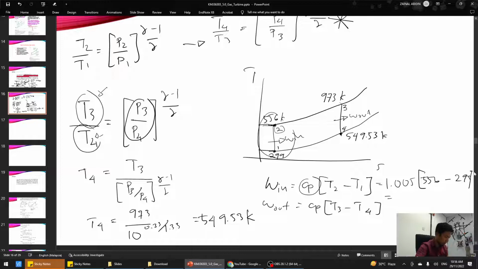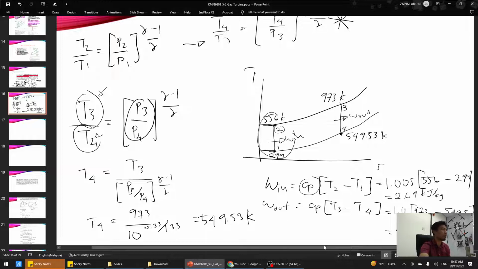I calculated just now about 269 kilojoule per kg. Don't forget the unit. While CP is 1.11 for expansion, and T3 is 973 minus T4, 549.5. So you got just now 470 kilojoule per kg. So you get work in and work out.